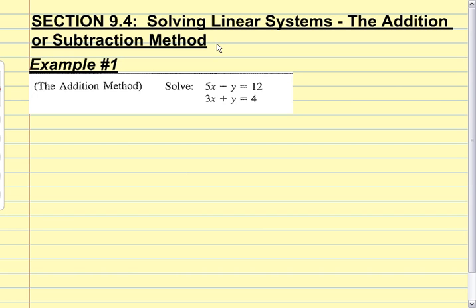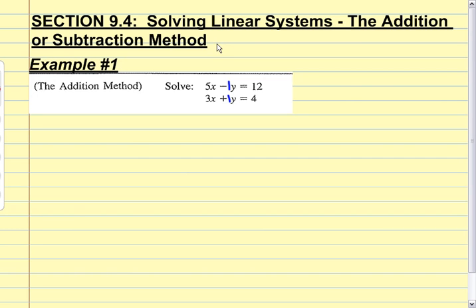In front of the x, there's a 5 and a 3. So if I add those, I get 8, and if I subtract them, I get 2. And it doesn't cancel out. I'm looking to cancel out one of the variables, okay? Now, with the y's, you'll see I've got a -1 and a +1 in front of the y's. Now that's good, because if I add a -1 and a +1, they just cancel out and go away.